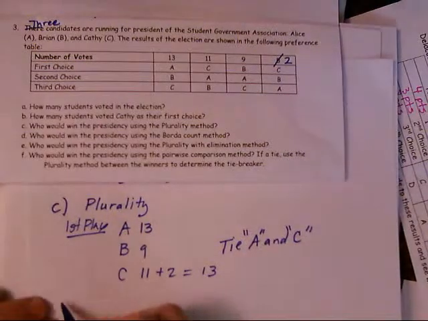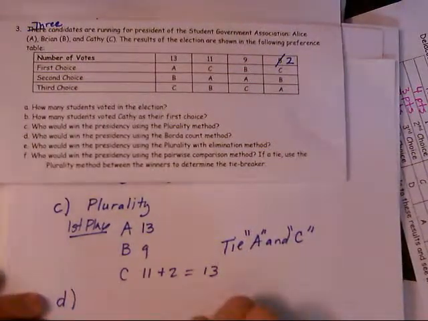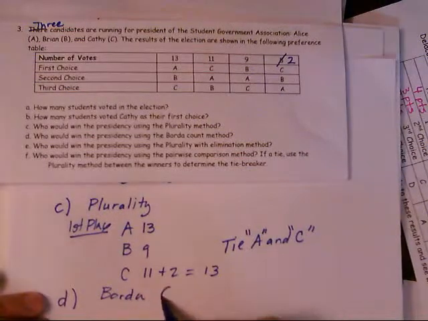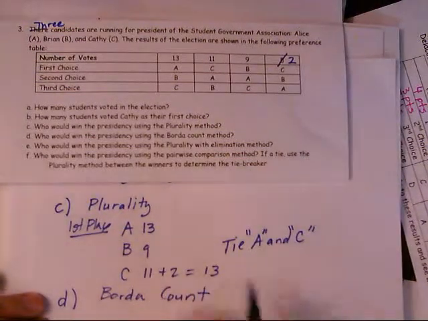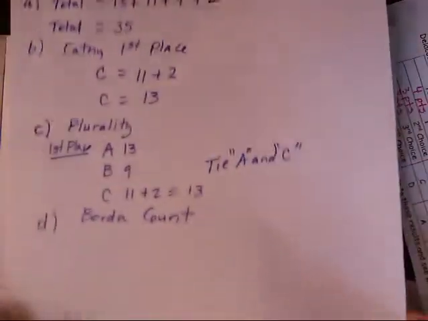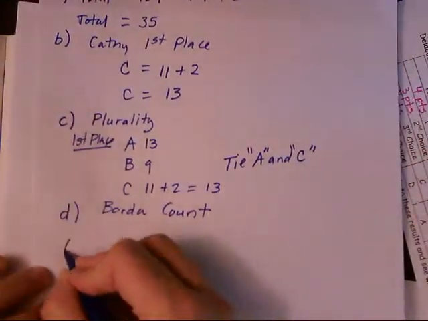Okay. Part D. Who would win the presidency with the Borda count? Alright, so they're doing these in a different order this time. That won't bother us. With the Borda count, that was kind of the likability total.